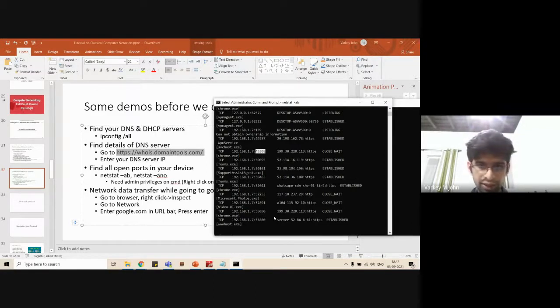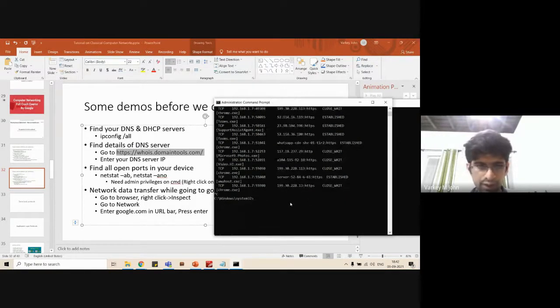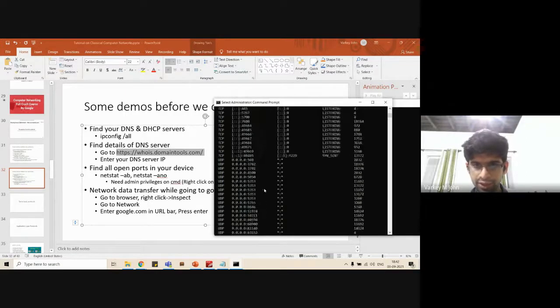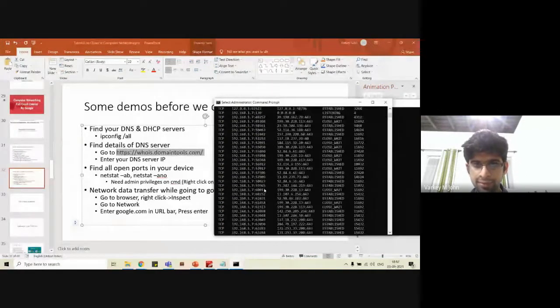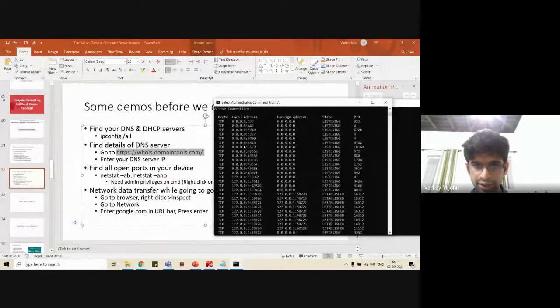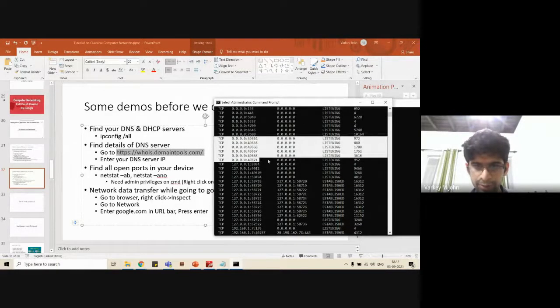In the same way, you can also use netstat -an to get more detailed information. Some of these ports are using UDP instead of TCP, so you can get that information as well. As you can see, most of the numbers are very large numbers, like 49664, 49671, because these are outgoing ports.